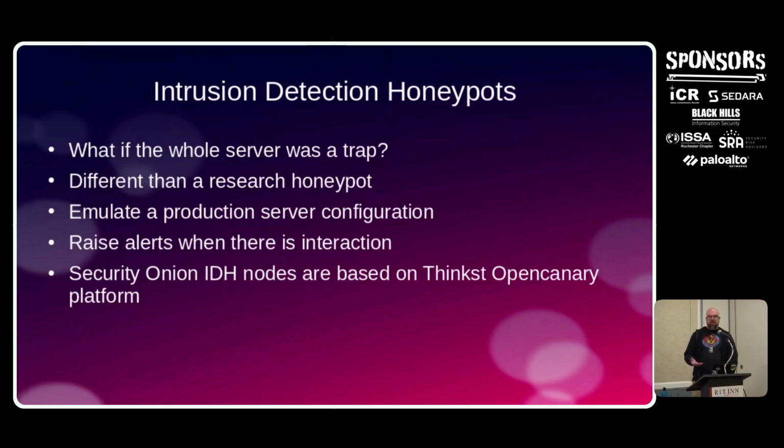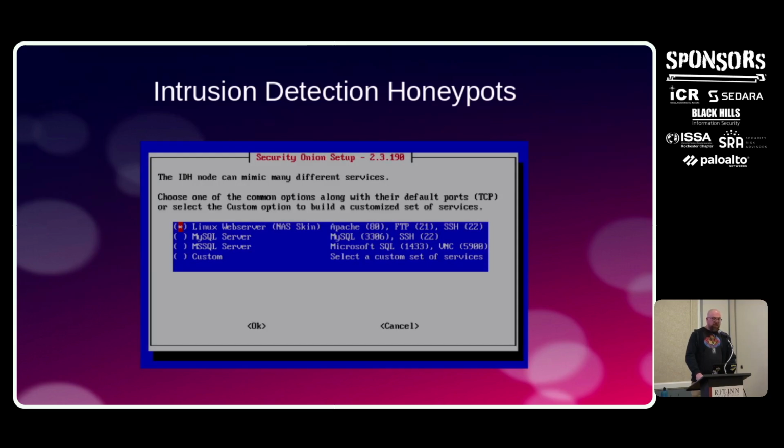Security Onion, the platform that I support, has an intrusion detection honeypot node available. This is something that we released, I think, last year. That's built, again, around Thinkst, their Open Canary platform. So when you install one of these intrusion detection honeypots, and the overhead for these is incredibly small. I mean, it's like one processor and 2 gigs of RAM.